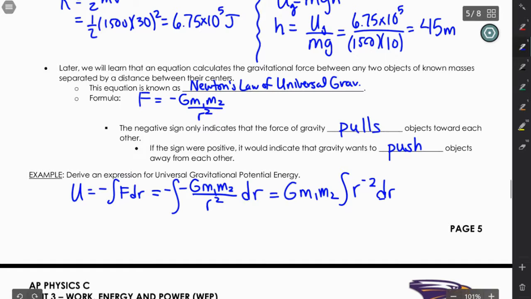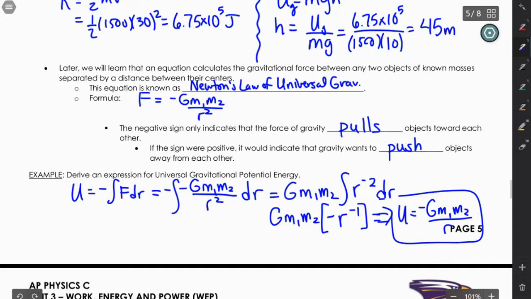When I take the integral, it becomes G M1 M2 times negative r to the negative 1. Remember, the integral of r to the n is r to the n plus 1 over n plus 1. If I rewrite that, U equals negative G M1 M2 over r. This is another way we can calculate potential energy, and understand, this is universal gravitational potential energy.